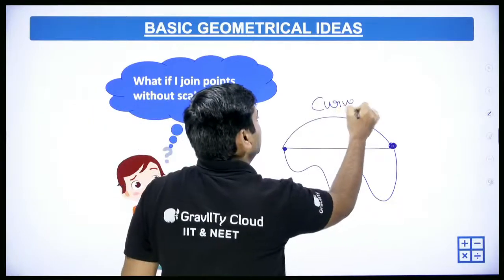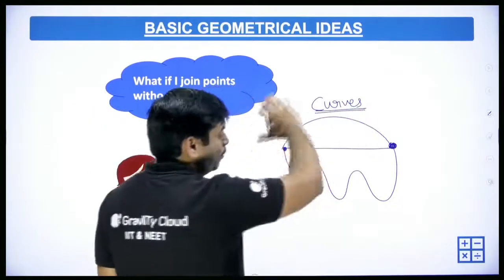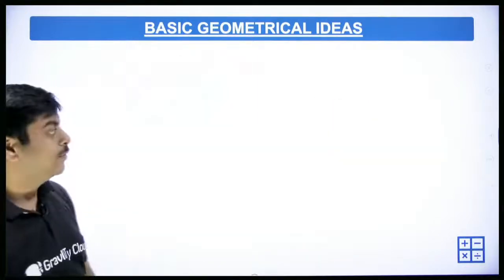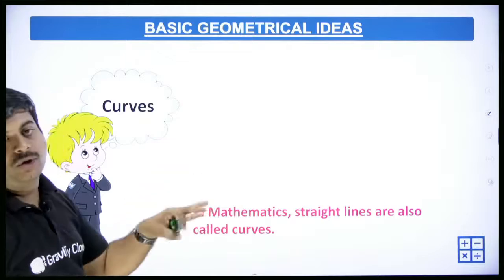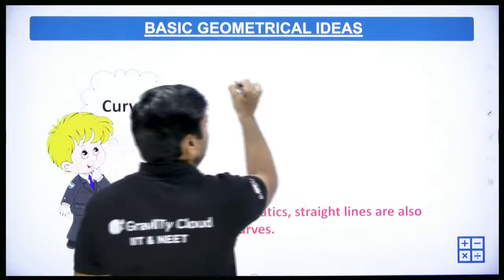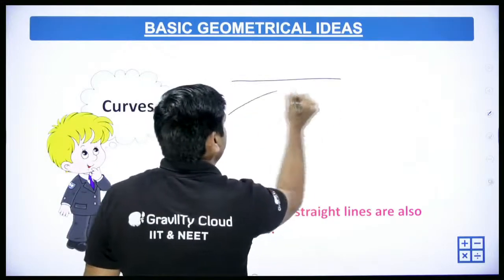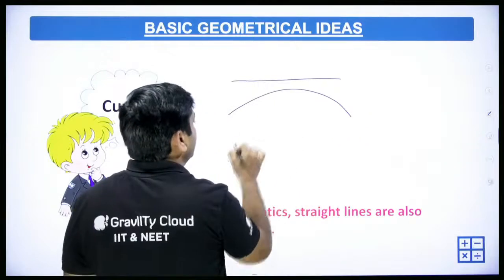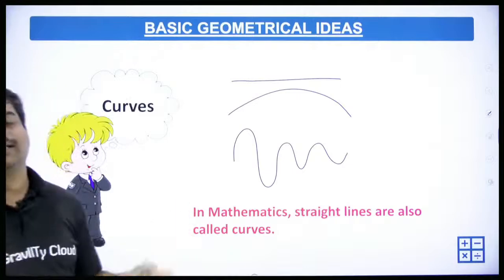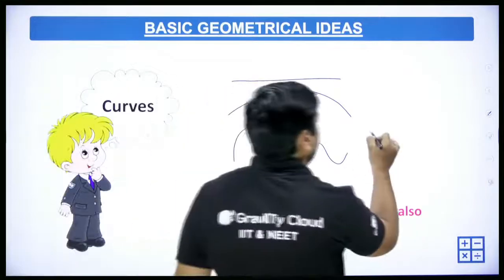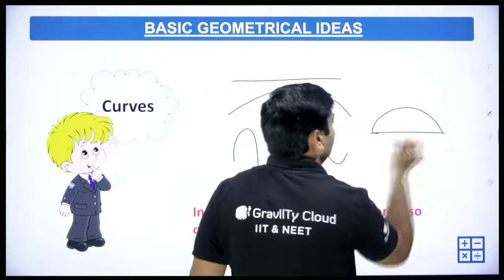What do we say? Curves. These types of joinings or shapes are called curves, right? In mathematics, even a straight line is also called a curve. So it's a straight curve. This is a U-shaped one or something like that. You have even this one as a curve. So curves are many things. A line and a curve will give you some other shape.